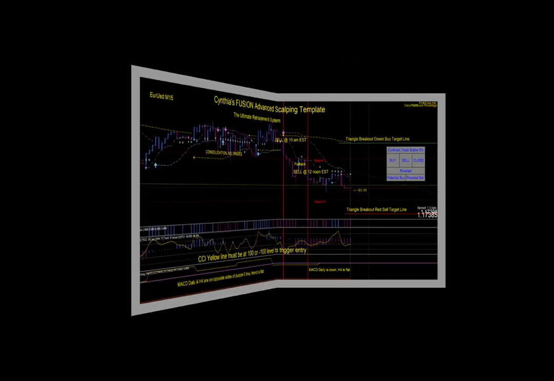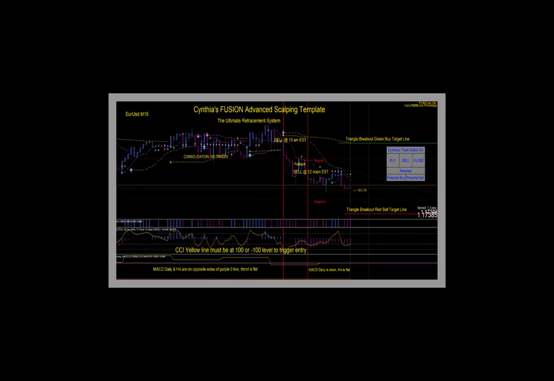This is a Euro USD 15-minute chart, which you can scalp in. And again, right around the US stock market open at 9:30 a.m., you can look for a trade. And it can be very quick, or stay in for about 2 hours until 12 noon Eastern.